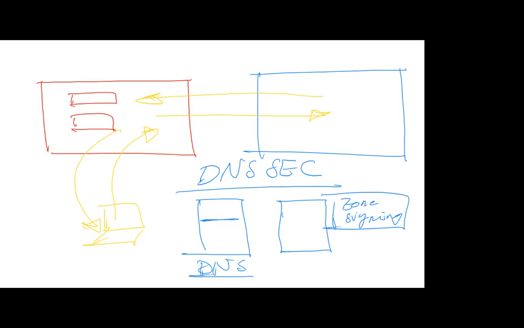Then this means that DNSSEC will do two different functions, gentlemen. Two different functions. What are they? Function number one, it makes sure that the reply is coming from the authorized DNS server.